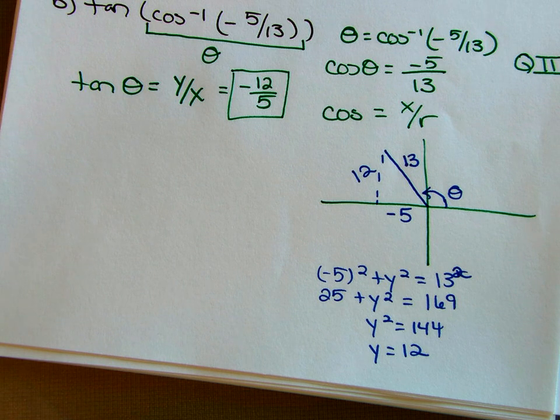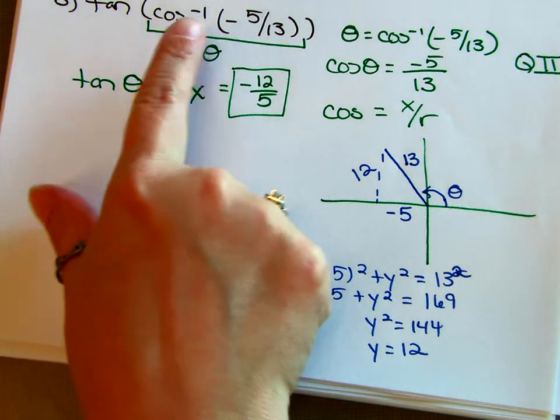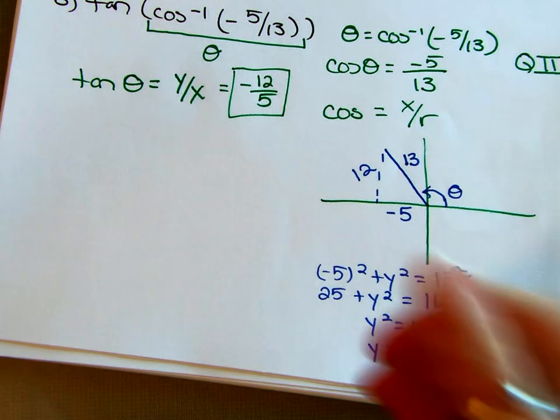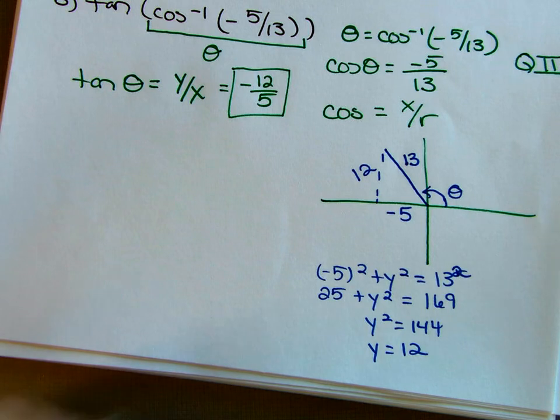Because here we were taking tangent of our inverse, or we took sine of our inverse, and so we only had to make one reference triangle because we only had one theta we were dealing with. But what happens if there's more than one bit inside?